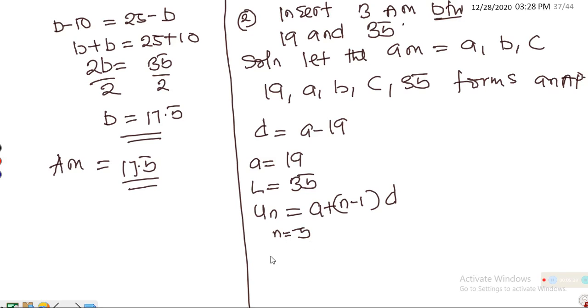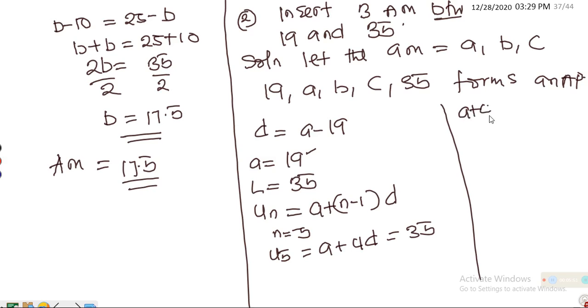So U5 equals a plus 4D, which is 35. Substituting a, we have 19 plus 4D equals 35.